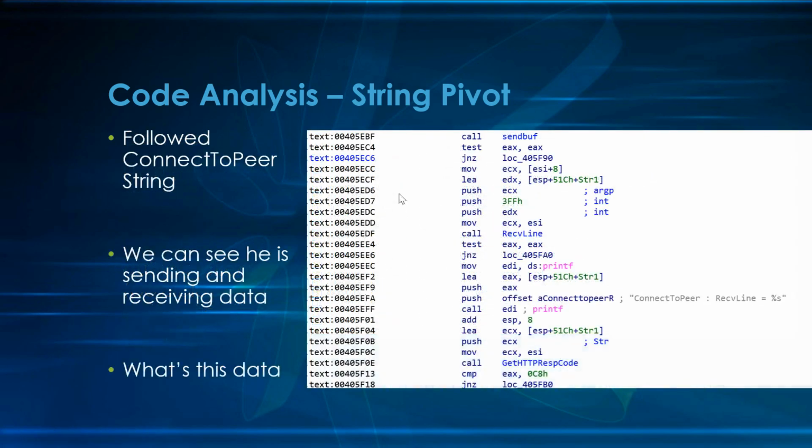So let's say we followed one of the connect-to-peer strings, and we can see here the connect-to-peer receive line, and then it is calling receive line, calling get HTTP response code, and send buffer. We can see that it is actually doing some of these activities.